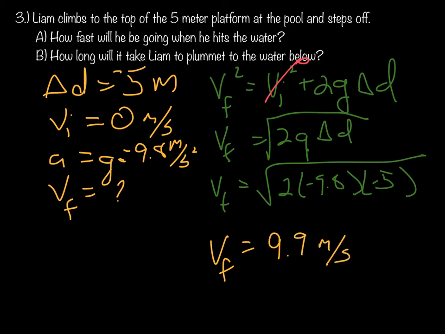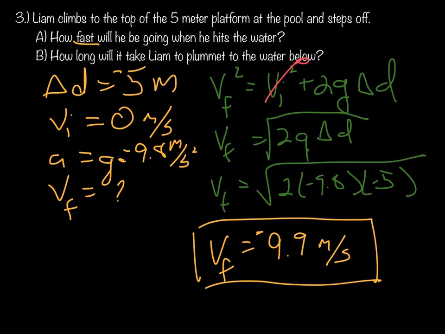It's 9.899, so I rounded to 9.9 meters per second. So I'm actually going to write this, since it's falling downward, as a negative, but since the question does just ask for how fast he's going, we could think of that as speed, so we don't need the negative. Direction doesn't matter, we know he's going down, but I'm going to put the negative anyway just because I feel like it.